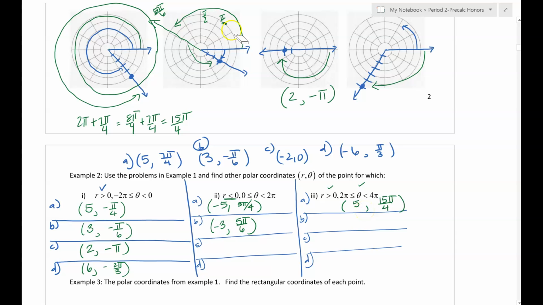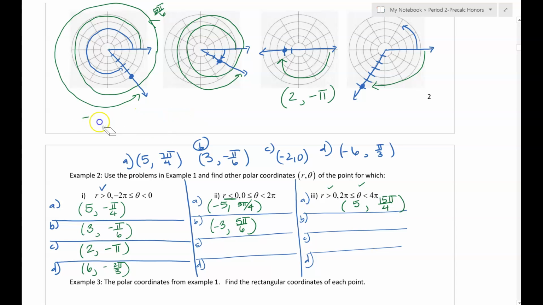B, similarly, it wants exactly the same spot and a positive angle. So that's 1 full revolution and a little bit. A full revolution is 2 pi, and it wants a positive angle.